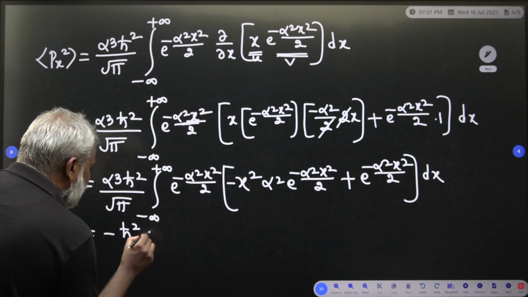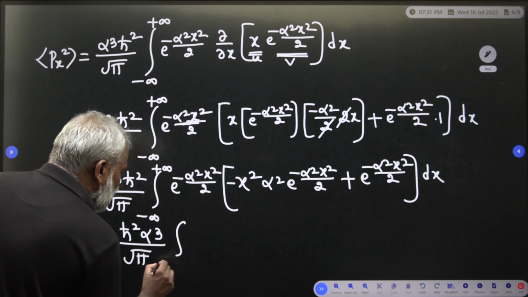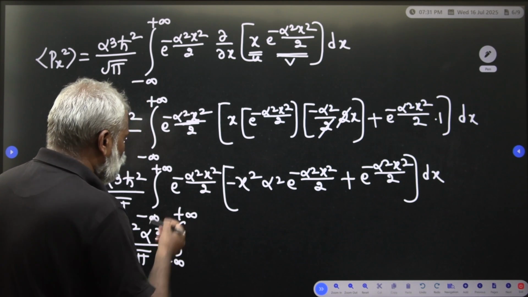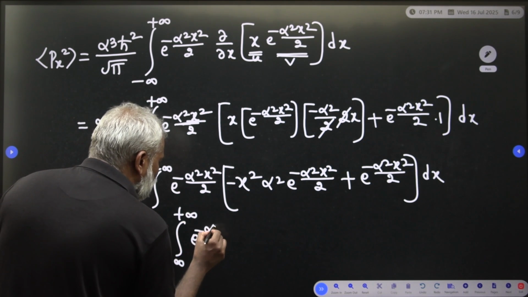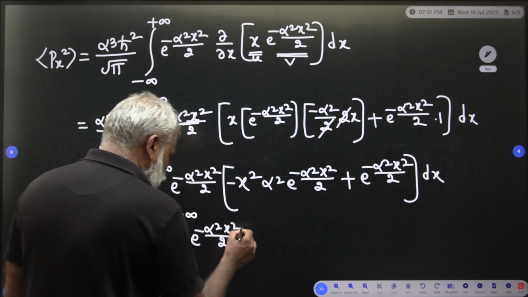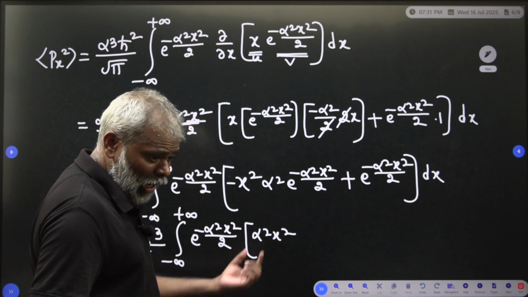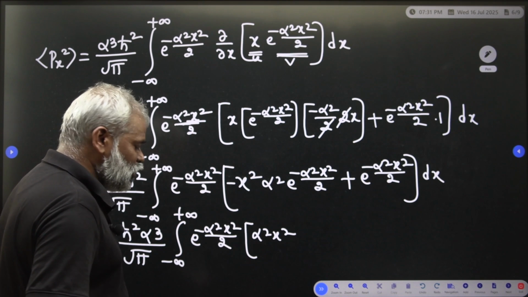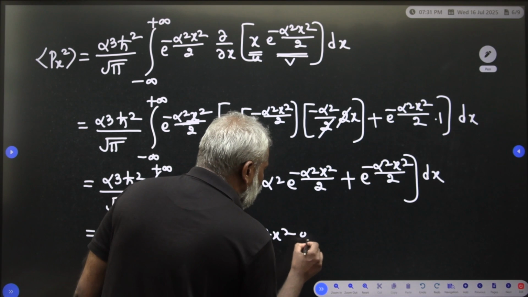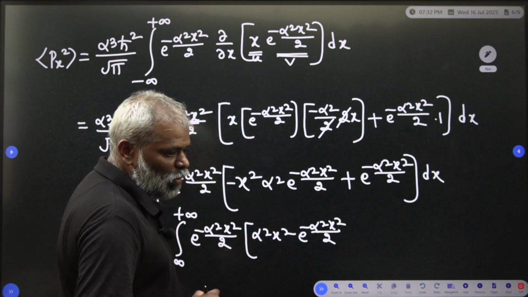Minus h cut square into alpha cube divided by root 5, integral minus infinity to plus infinity e to the power of minus alpha square x square divided by 2. The minus symbol I have to take outside. Here alpha square x square you are going to get. Now you take e to the power of minus alpha square x square divided by 2 you have to get.